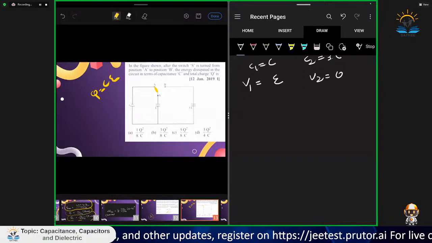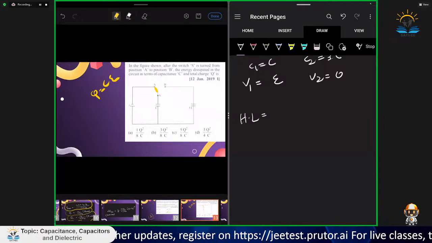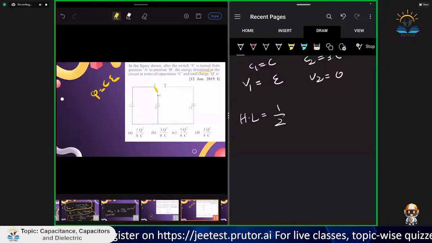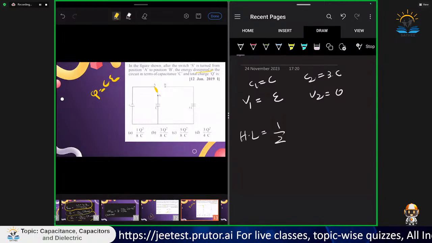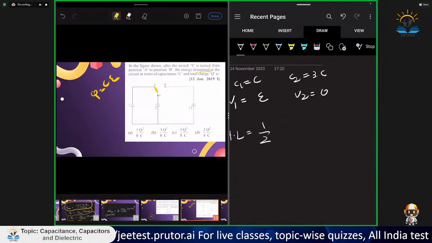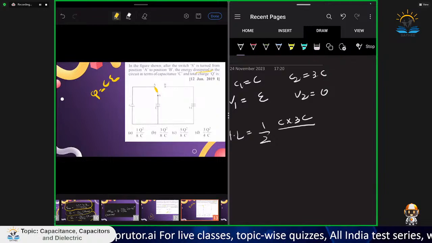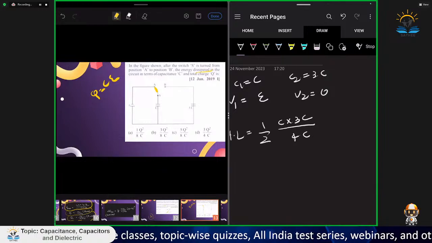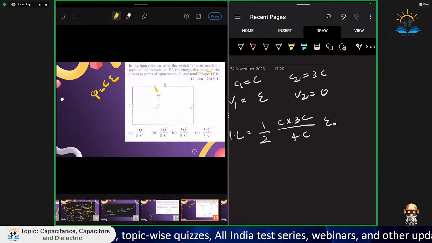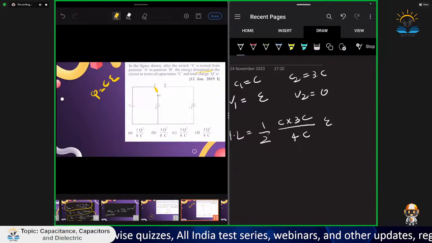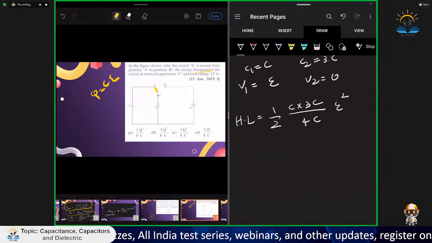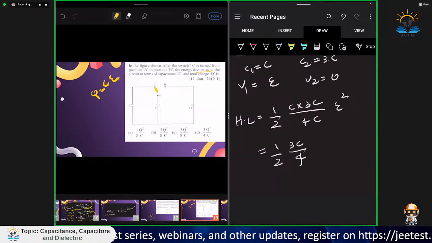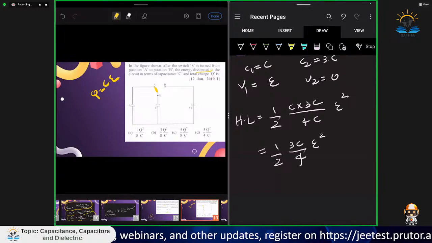So formula, heat loss equal to dissipated energy: half into C1 C2, C into 3C, upon C1 plus C2, that means 4C, into E, V2 is 0, so square. Half into 3C upon 4 into E square.